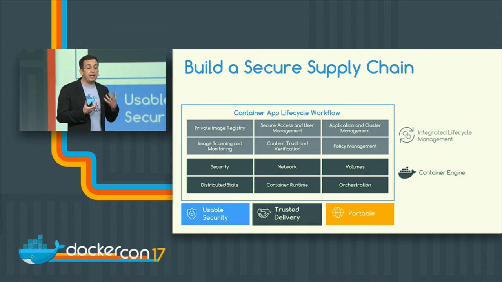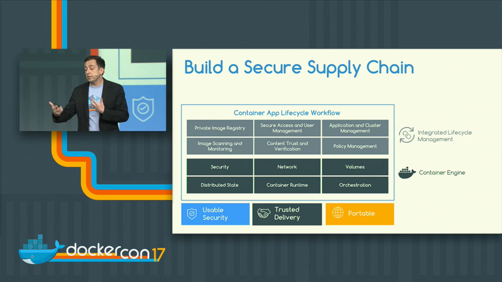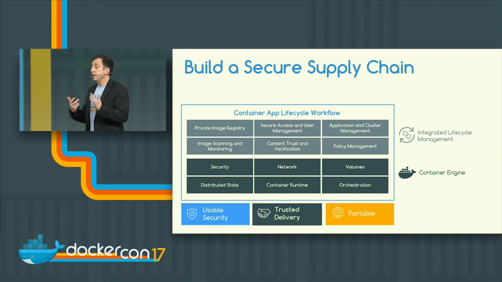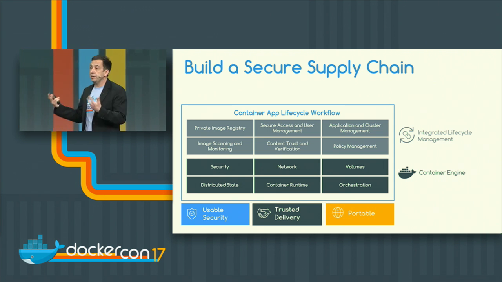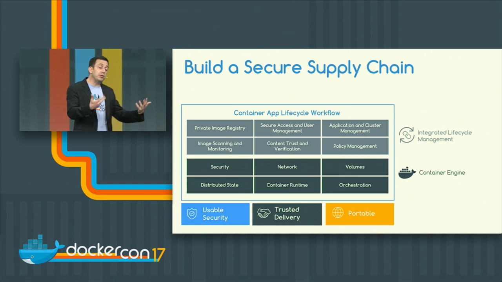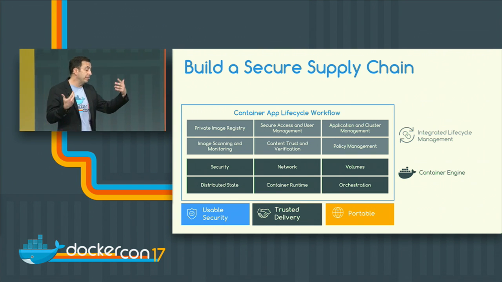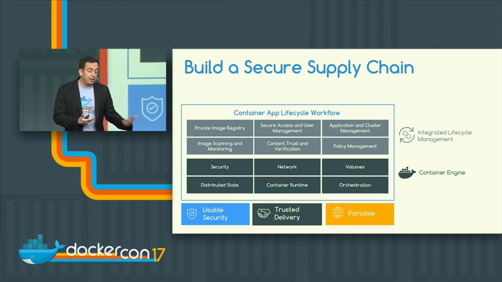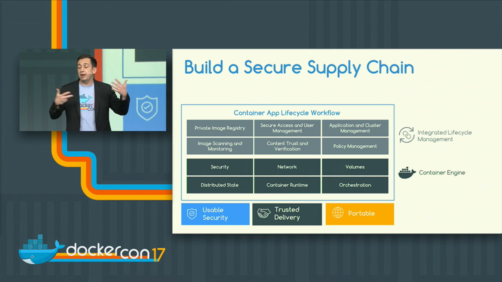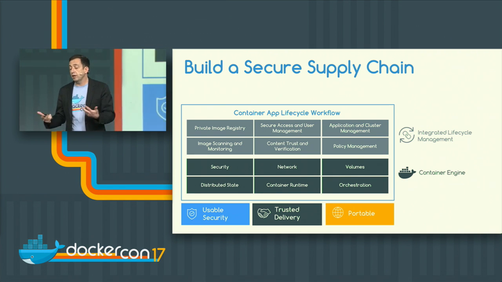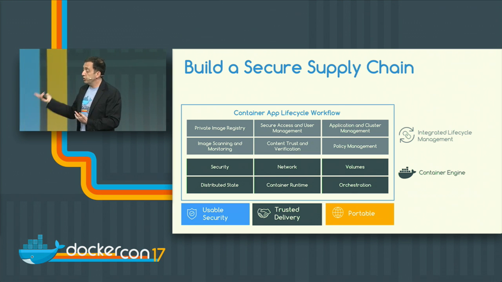It's great to make sure that a bad container doesn't impact another container, and we do a lot of work in that field. But also the importance of the supply chain is that you minimize the chances that you deploy a bad container in the first place. And if you've deployed something that passed all the checks at the time, but then a new vulnerability is discovered, it's easy to understand where you're exposed and remedy the situation.